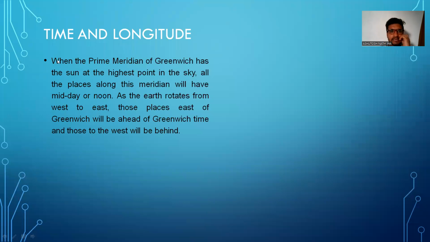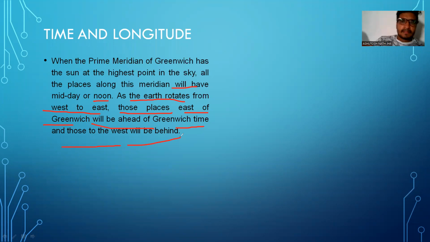Basically, when the prime meridian of Greenwich has the sun at the highest point in the sky, all the places along the meridian will have midday or noon. As the earth rotates from west to east, those places east of Greenwich will be ahead of Greenwich time, and those to the west will be behind. Okay students, so move forward.